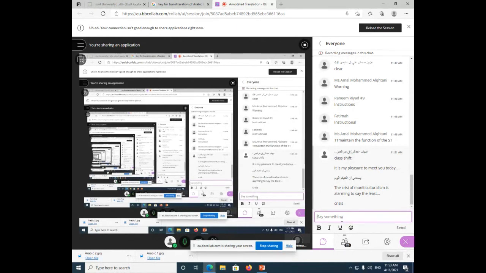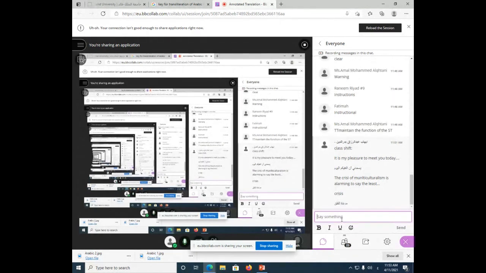But we're going to translate it as a noun, and I would say مدعاة للقلق. So this is also another example of what we call class shift. Okay, clear?